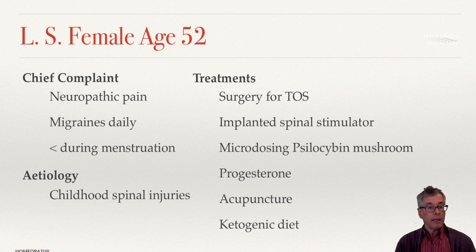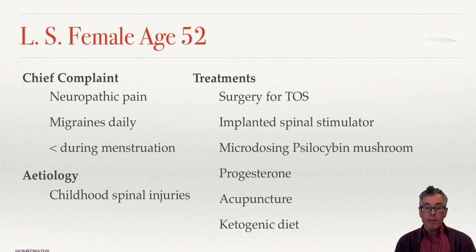And this is an intense, ongoing pain. So much so that she had a surgery to implant a spinal stimulator to help numb the pain. Spinal stimulator is sort of like a TENS machine, but internally, and it just stimulates a vibration, electrical current that masks the pain a little bit.